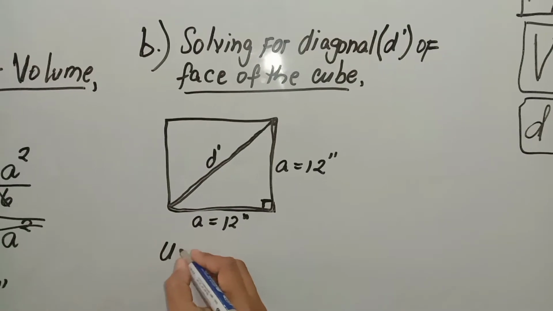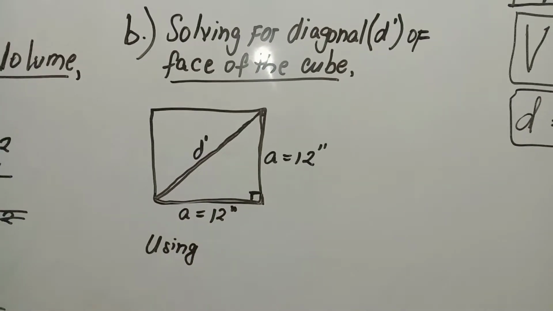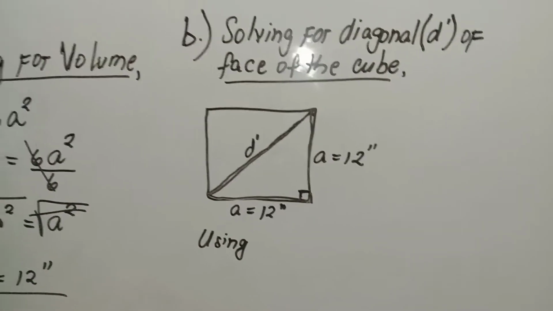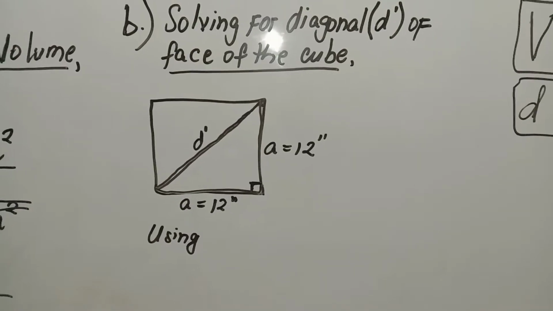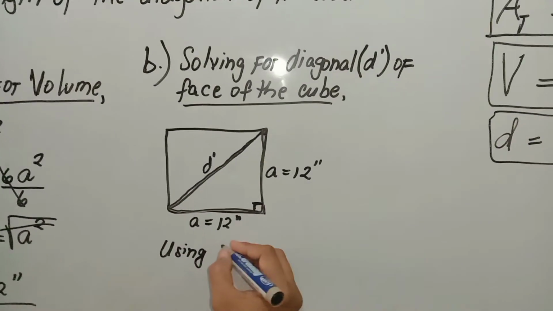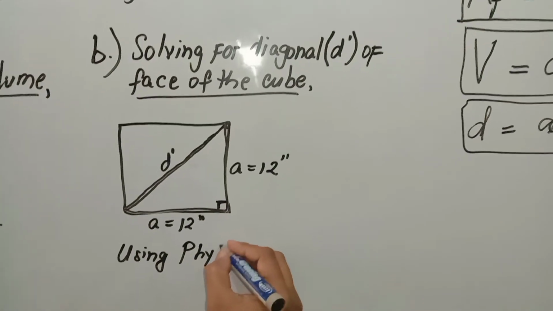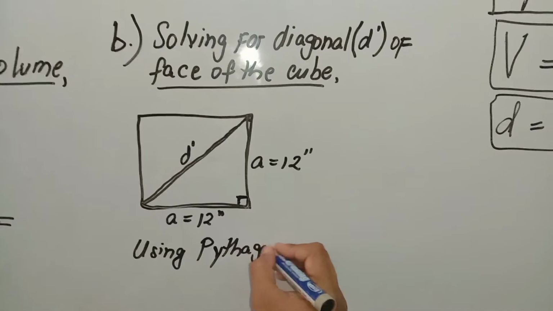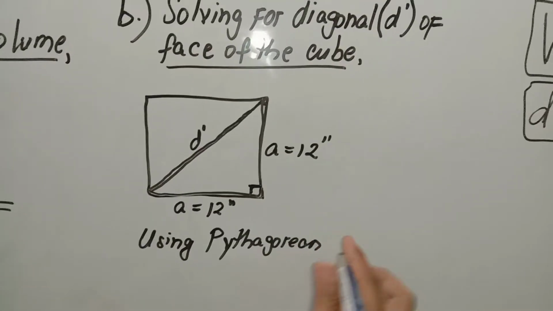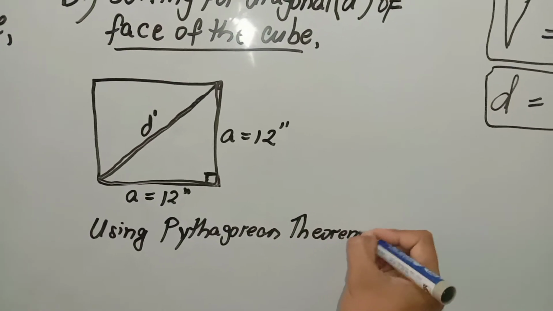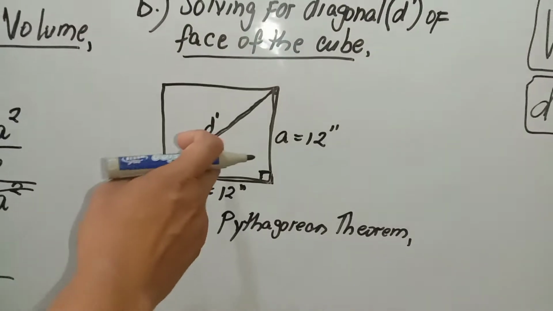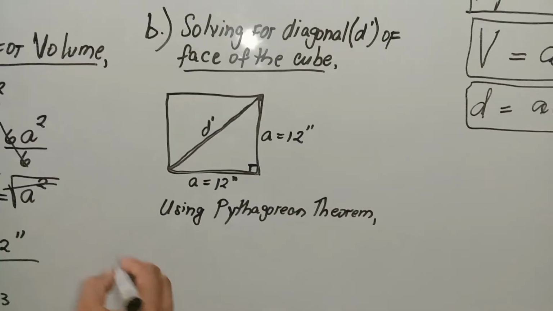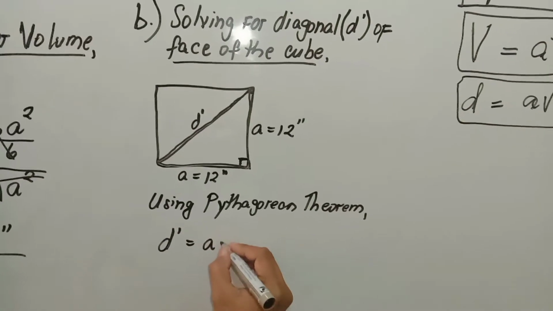So, using the Pythagorean Theorem, the equation for this particular diagram, okay guys, is D prime is equal to A times the square root of 2.